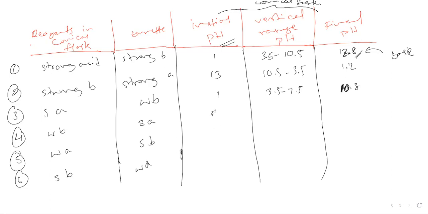And here the starting point is from 11, and it should be 7.5 to 3.5, and up until, since the ending point is at 1, it should be 1.2. Now down for weak acid. Weak acid starts at 3, and the range is from 7.5 to 11.